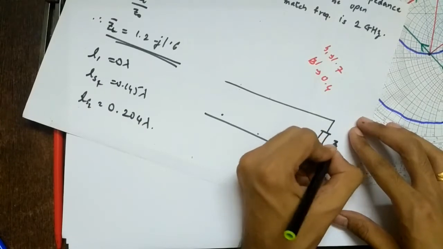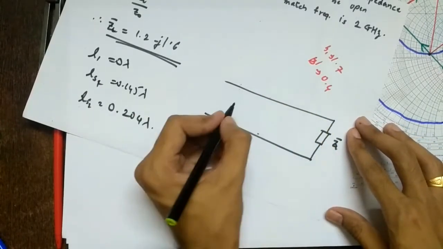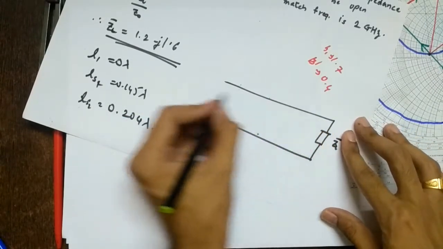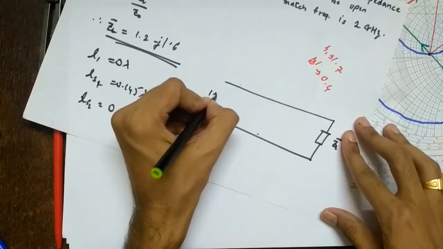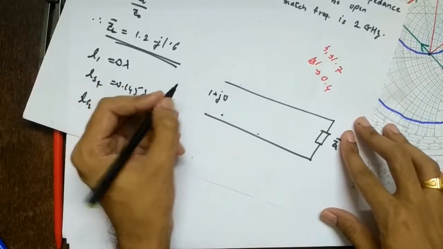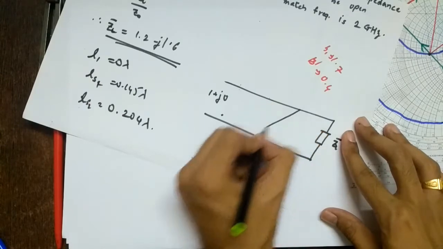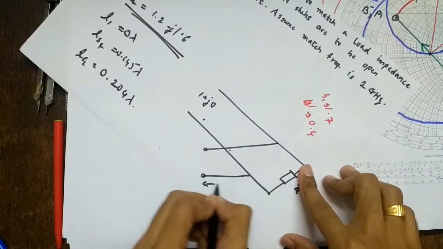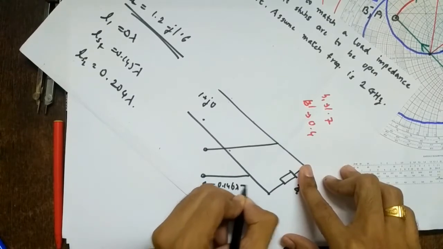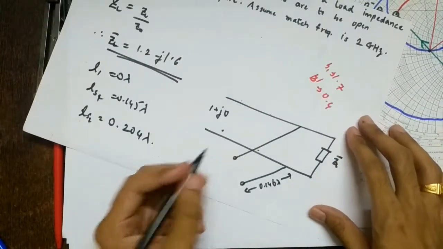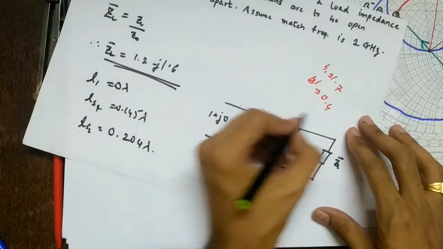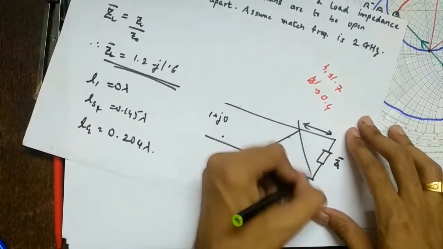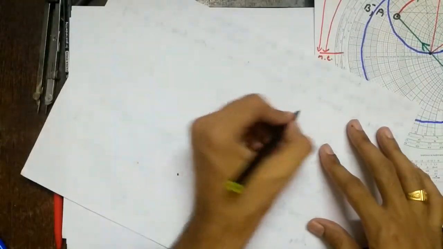This is our ZL bar. If you want to write it as YL bar, then how will you draw the stub? This is 1 plus j0. So better you draw it this way, so that it is easy to show. This distance is LS1, 0.146 lambda. Sorry, I have drawn it wrong, because this distance is 0 lambda. Right? So I'll draw it again.